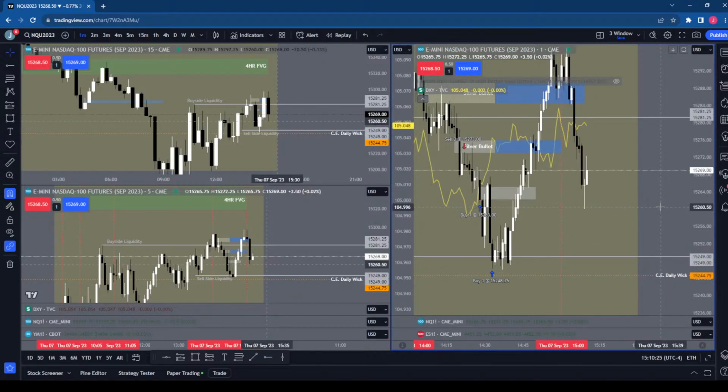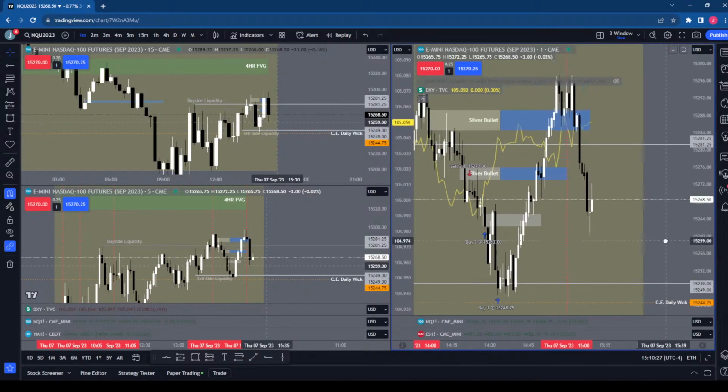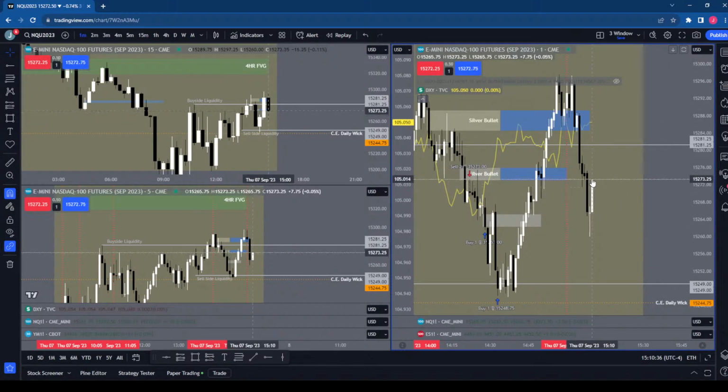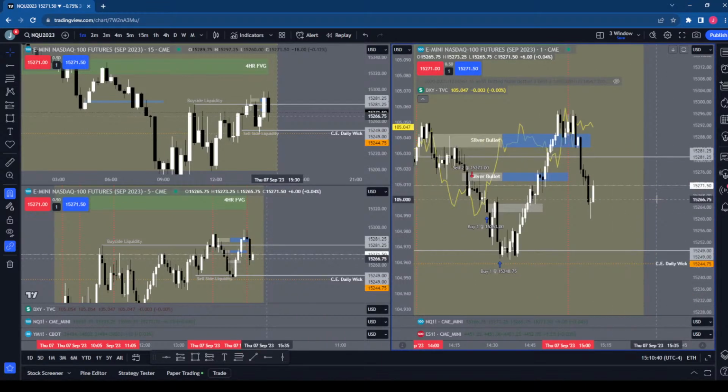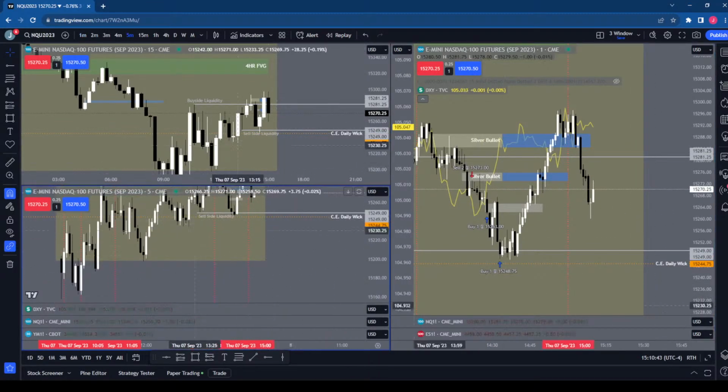Close it out. I'd like to see it come up, immediate rebalance, and then drop higher. I do want to see a lot of heavy price action if we are going to see sell side down here taken.